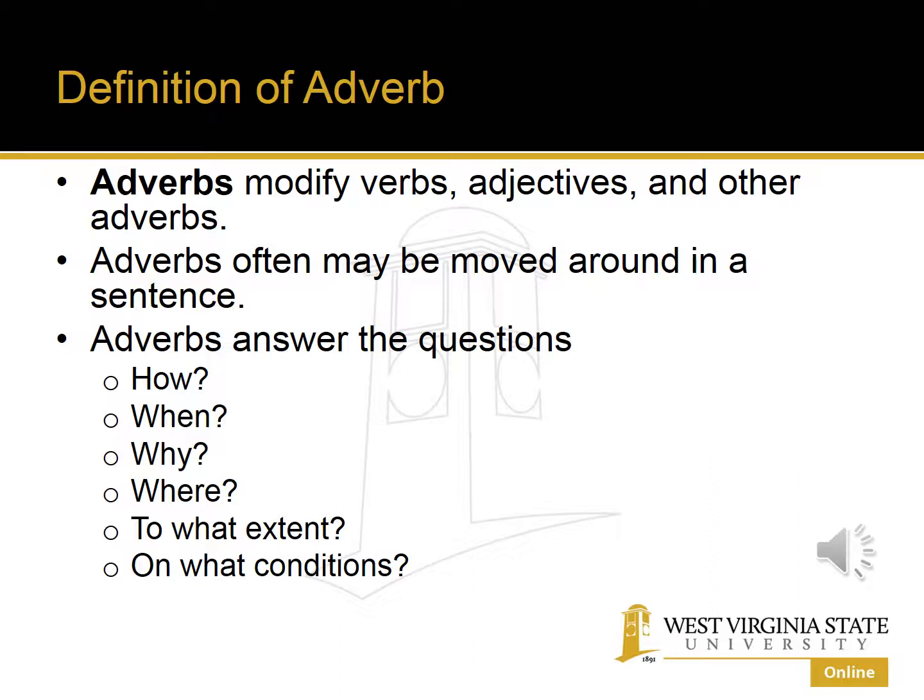So that requires a little bit of skill in identifying what word the adverb is modifying when it's not next to the word it's modifying. How do we determine that? Well, adverbs answer questions such as how, when, why, where, to what extent, on what conditions. Notice these questions are different from the questions that an adjective answers.